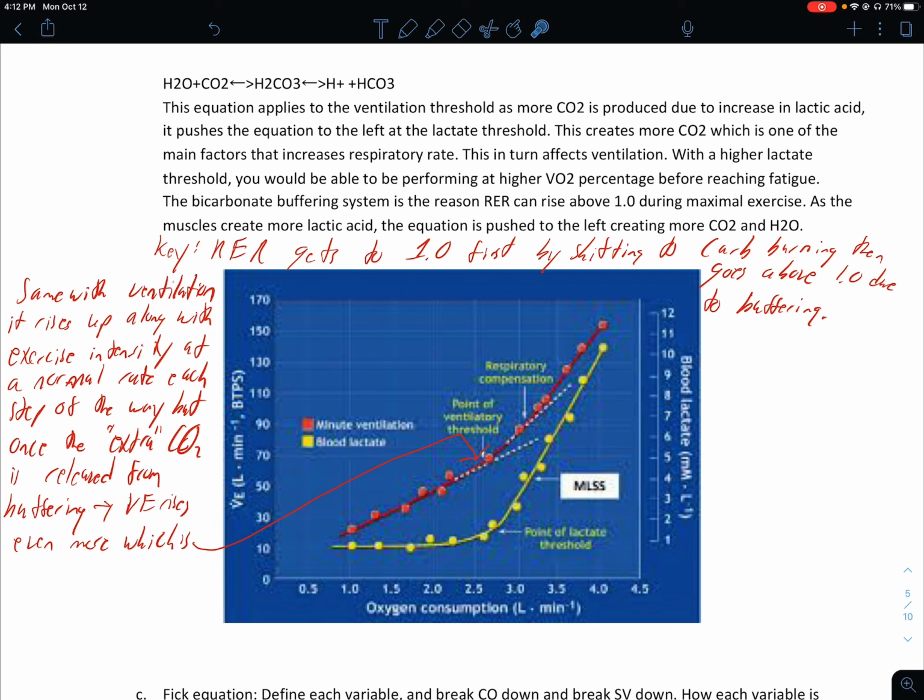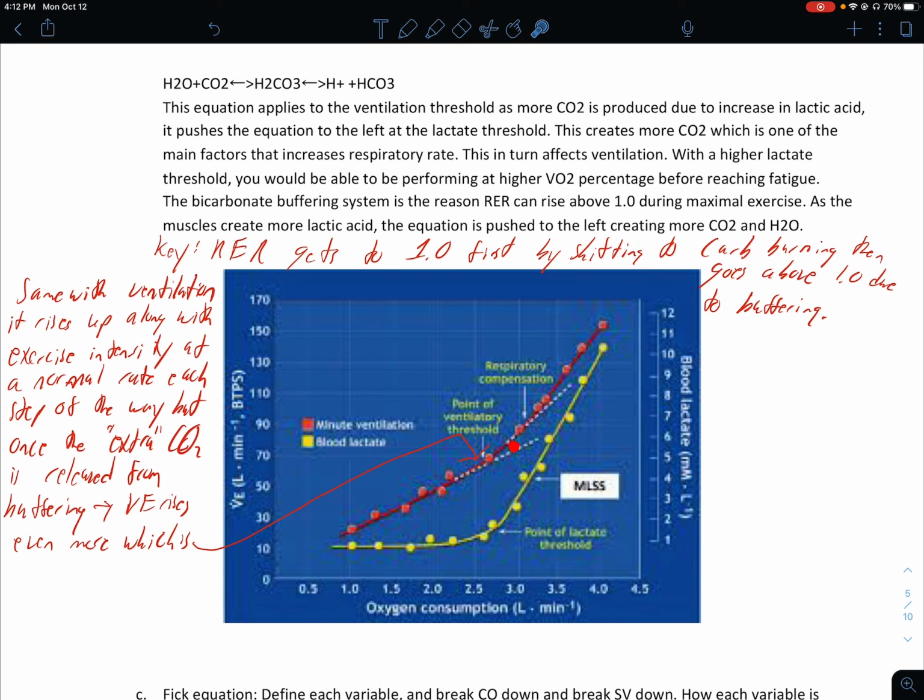Okay, same thing with ventilation, right? We see ventilation increasing here as our CO2 production increases, right? Because every time we use more oxygen, we also produce more CO2 by the metabolic waste product, right? It's going up, more CO2, it's increasing. But then as we get to this point, right around the same point the lactate threshold occurs, now it gets steeper, right?